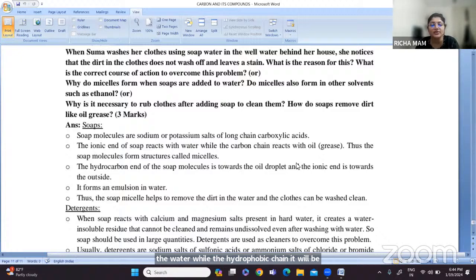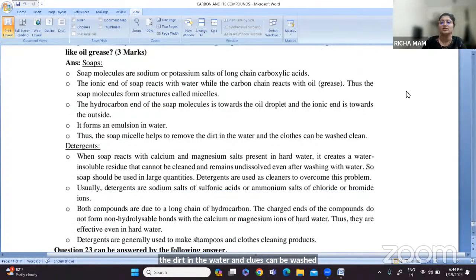The hydrocarbon end of the soap associates and forms a micelle-like formation, and thus the soap micelle helps in removing the dirt in the water, and clothes can be washed cleanly. So this is the action of soap.